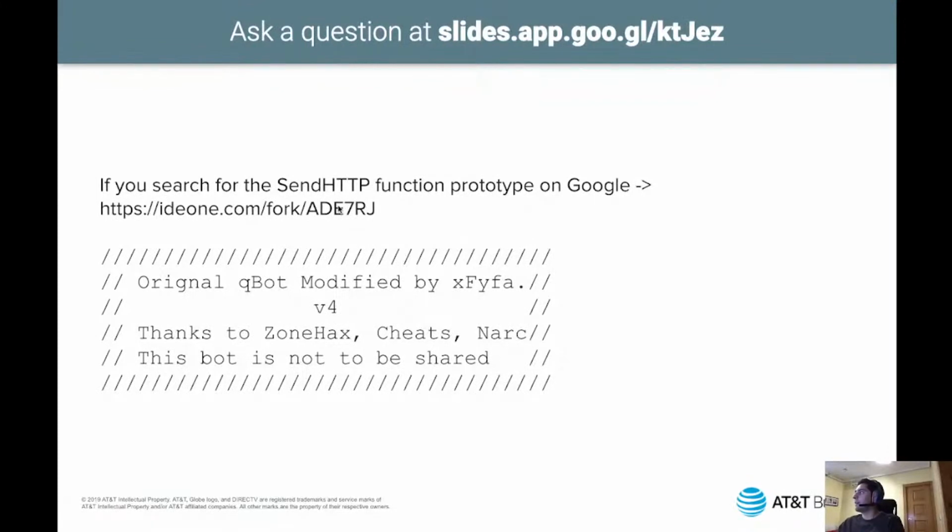But if you write the prototype manually from the screenshot and search it on Google, you will end up at this link, which is among the first results. If you visit the link, it says original Qbot, which is another name for Graphkit, modified by XFIFA version 4. So it's indeed Graphkit, those functions that they were previously claiming.